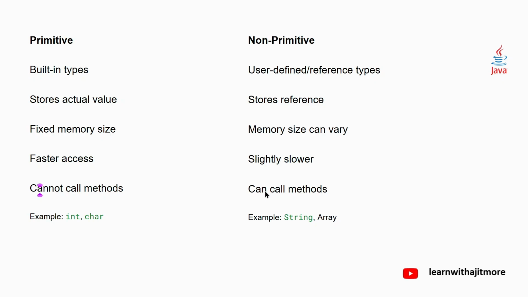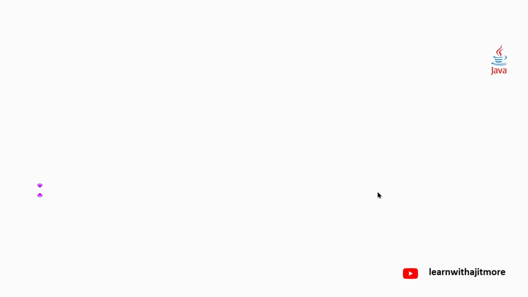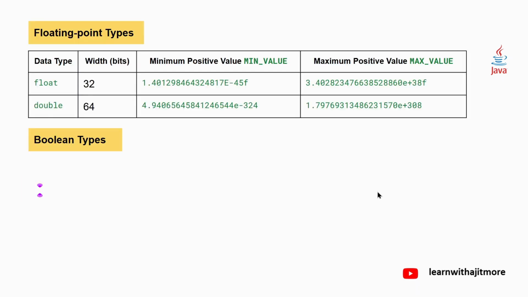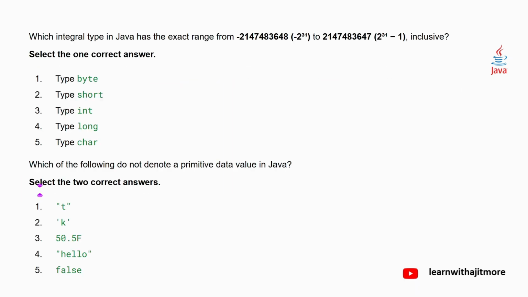So they are reference variables. They don't store direct values. They store an address, a reference of the object, and then you can call methods of that object. So that is the basic difference. Therefore, remember, strings can never be primitive. This double quote T, double quote hello.